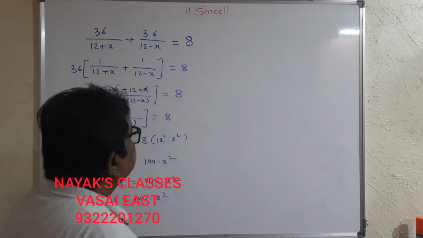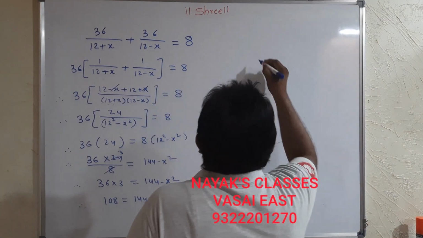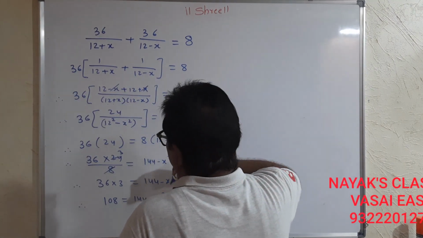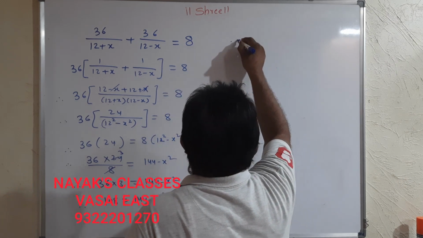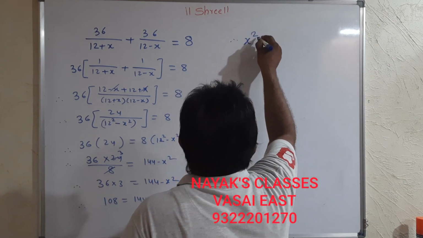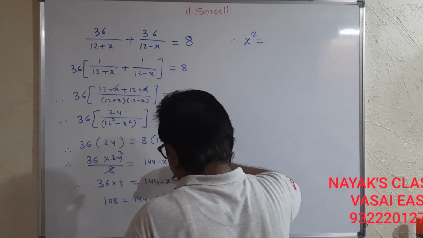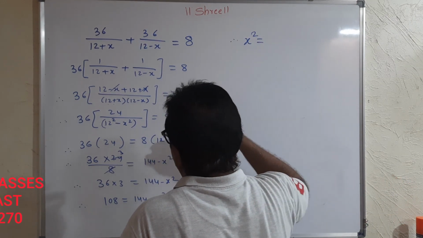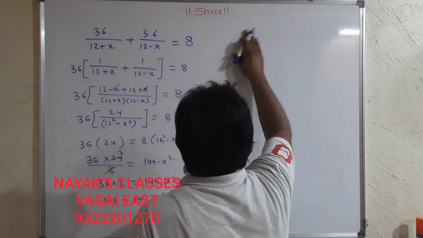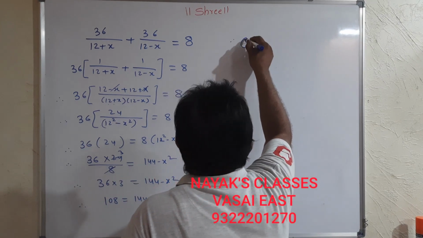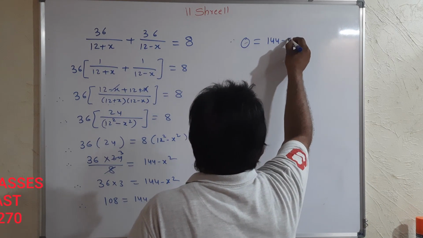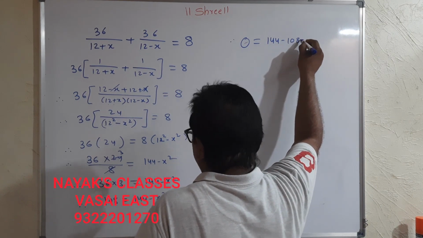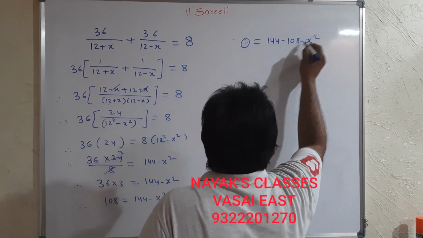And now, taking that x square to this side, 0 is equal to 144 minus 108 minus x square.